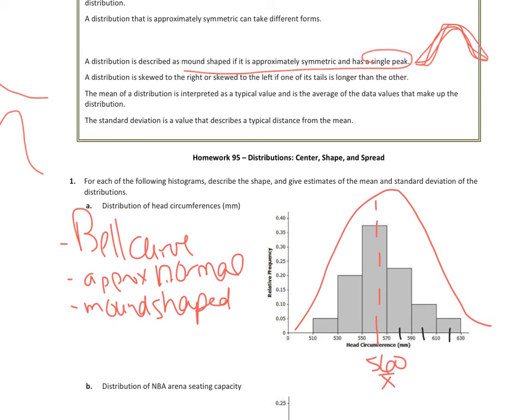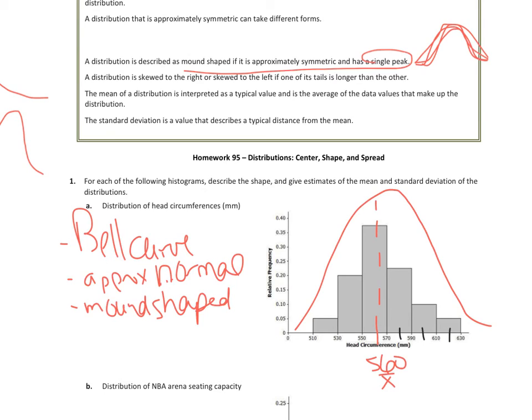So I would say about 20, 25. If we wanted to do 25, let's see if that was better. 560 plus 25 would get me 585, plus 25 would get me 610, plus 25 would get me 635. So actually 25 might be better, because adding 25 and subtracting 25 would probably encompass all the data.